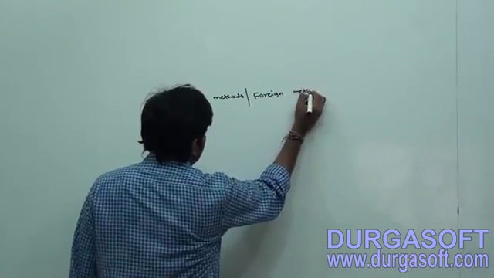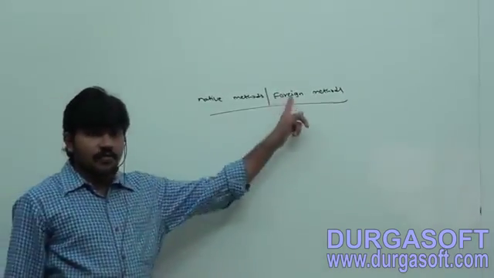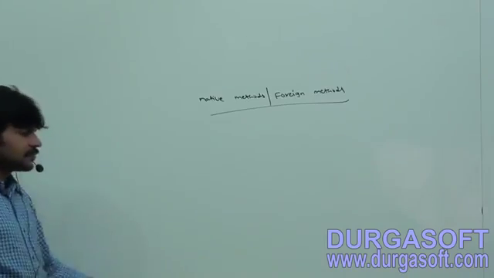Native methods are foreign methods, the methods which are coming from another language. Native methods are foreign methods.